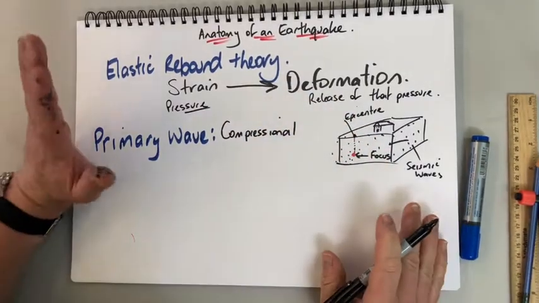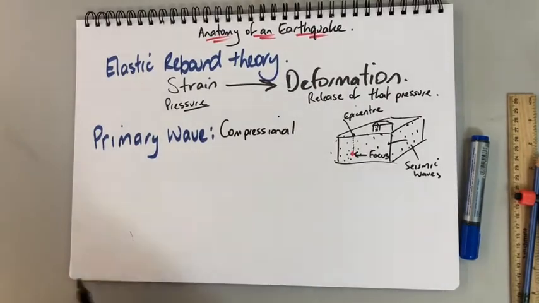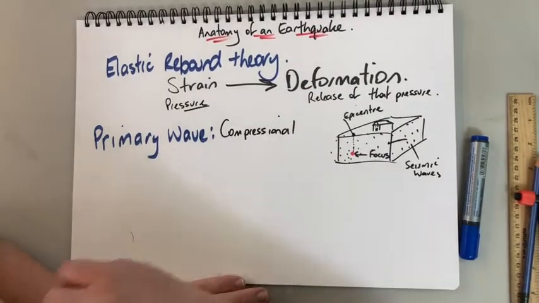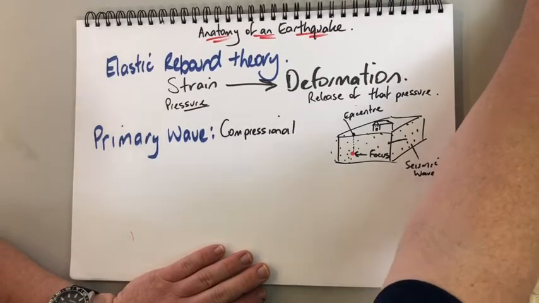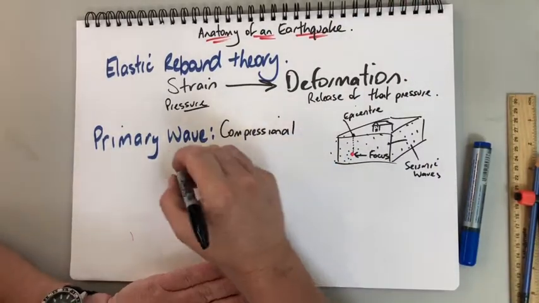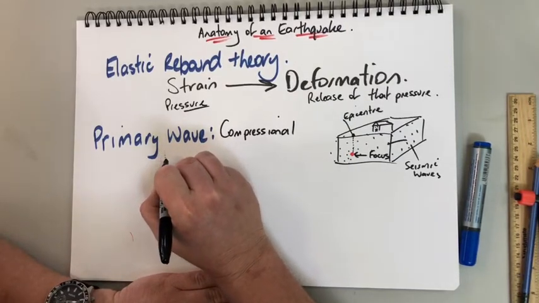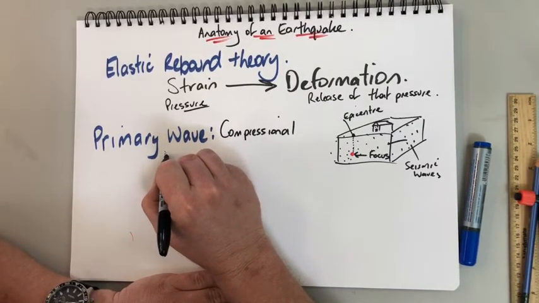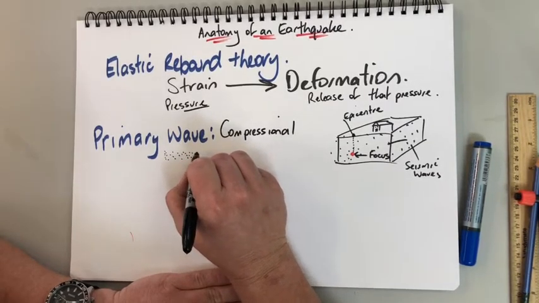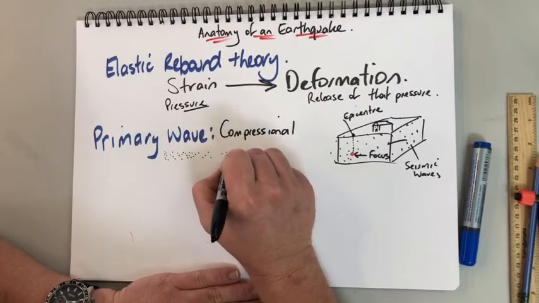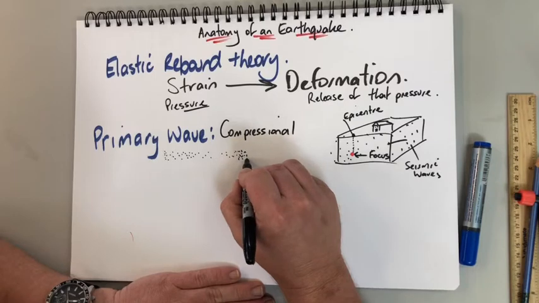I want you to look up on YouTube a compressional wave or primary wave and then a secondary wave, and it will show you what it looks like. It's very hard to draw what a primary wave looks like, but if I was to try and show you with little dots, here we have some random dots, and there's some that are far apart, and then I'm going to have some that are really close together.